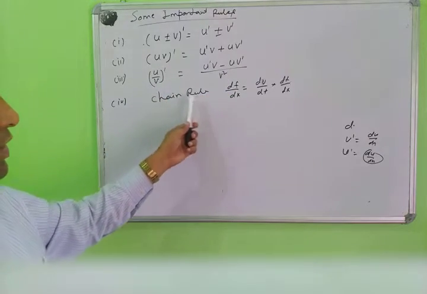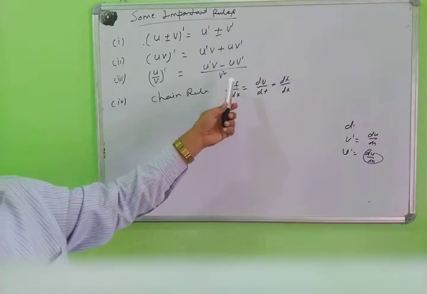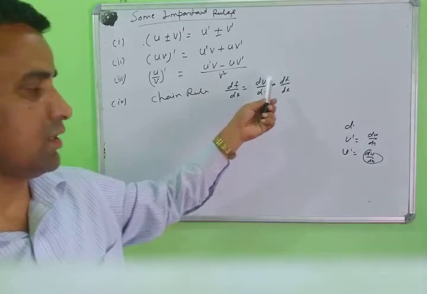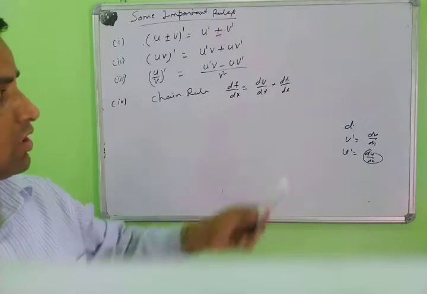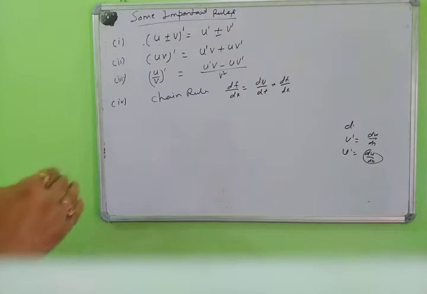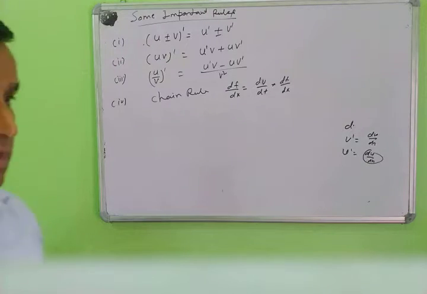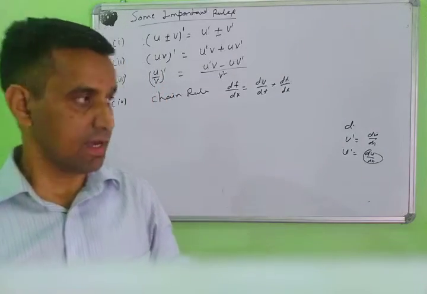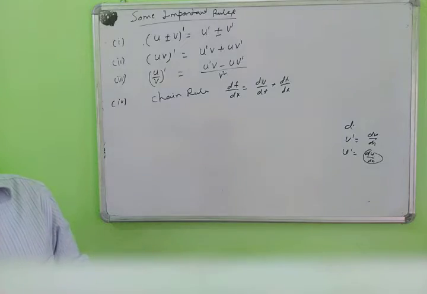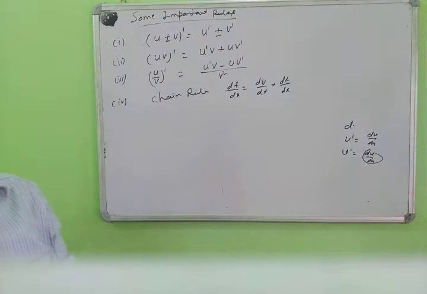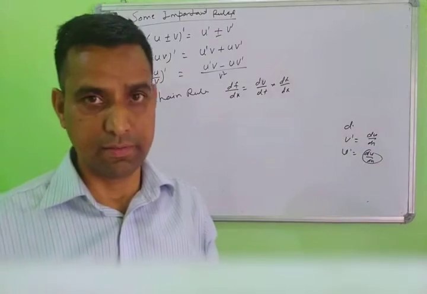Lastly, the chain rule: suppose there are two or more functions nested, then you find the derivative according to the chain rule. Other important identities I will send in the URL portal. So these are the important rules here.